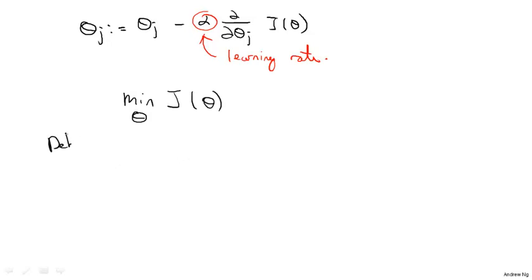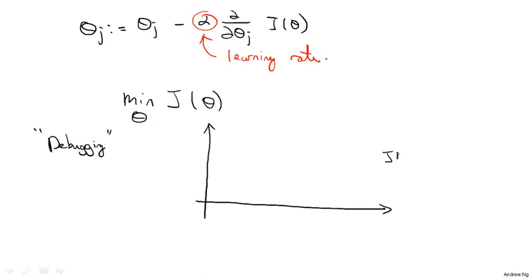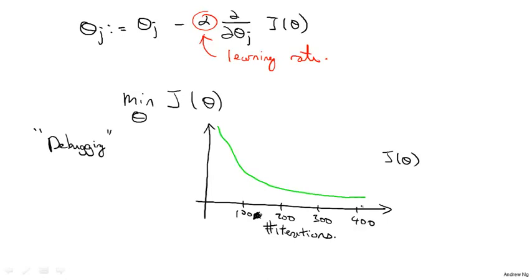So for the purpose of, let's say, debugging, one thing that's very useful to look at is to plot the value of J of theta, that's the vertical axis, as a function of the number of iterations. And if gradient descent is running properly, what you should get is a plot that maybe looks like that. Let's put some values on the horizontal axis: 100 iterations, 200 iterations, 300 iterations, 400 iterations.